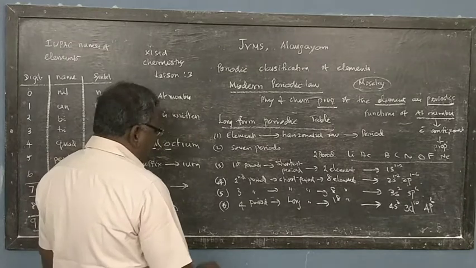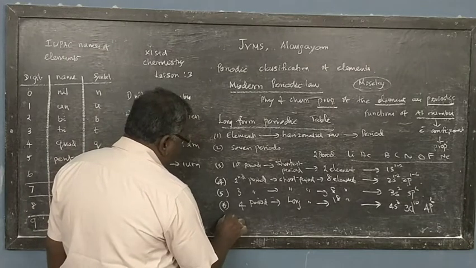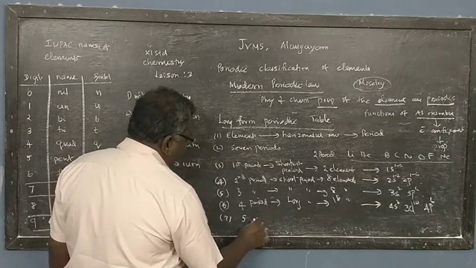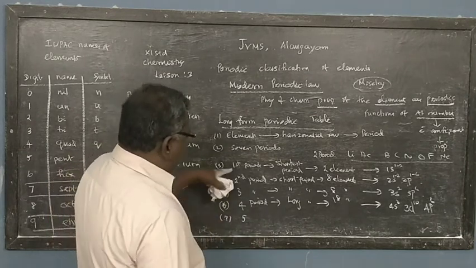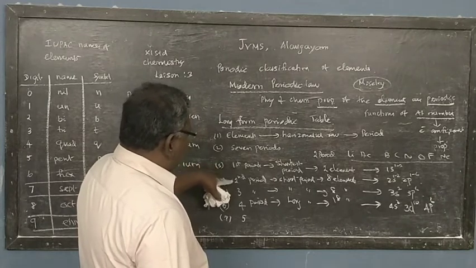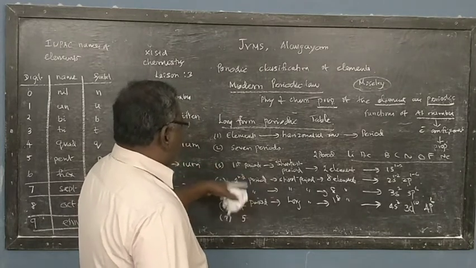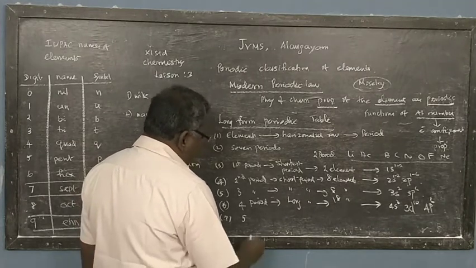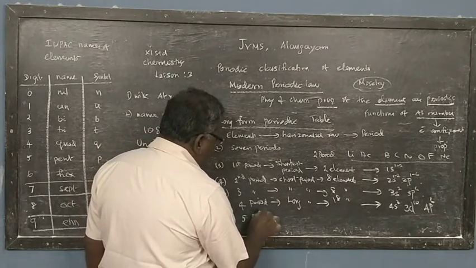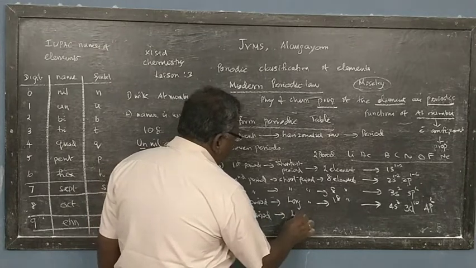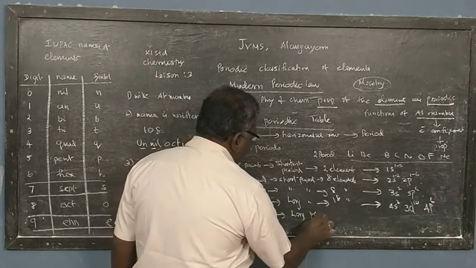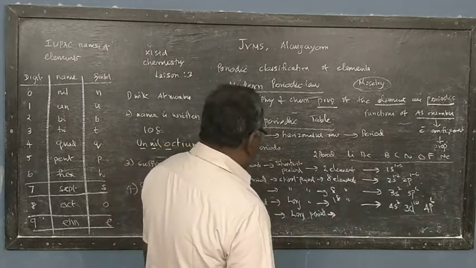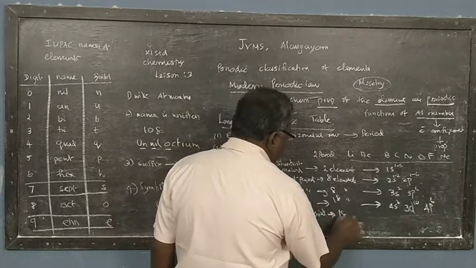Then the fifth period. So the first period is the shortest period. The second and third periods are short periods. And the fourth and fifth periods are long periods. The fifth period also has 18 elements.